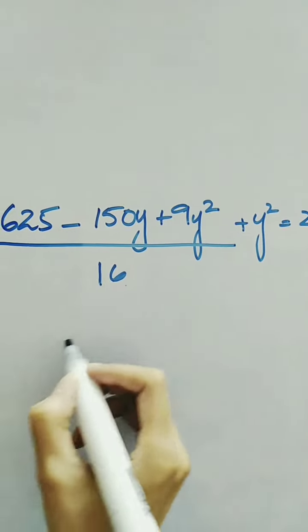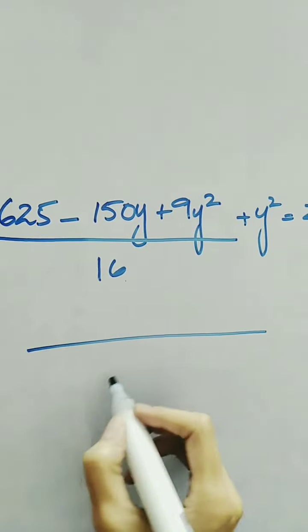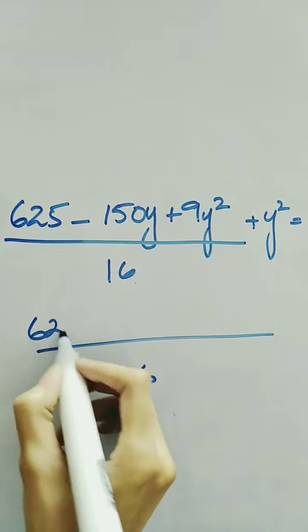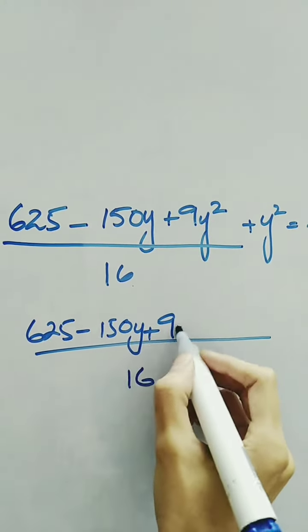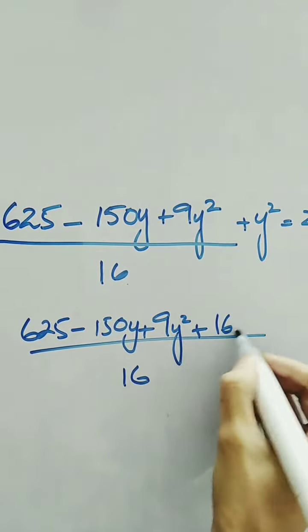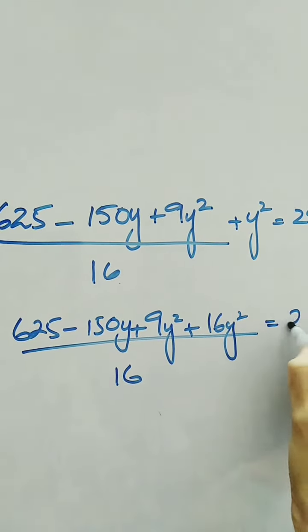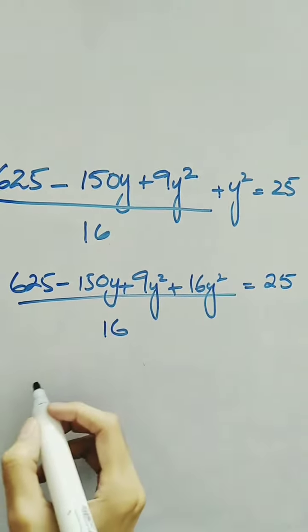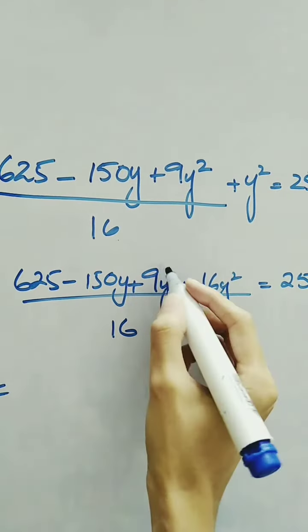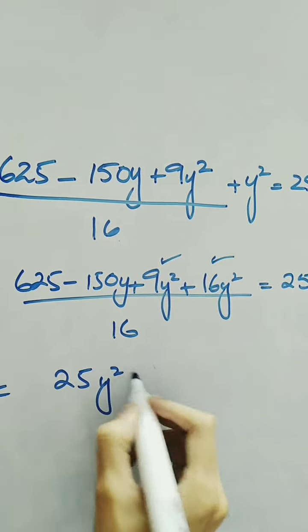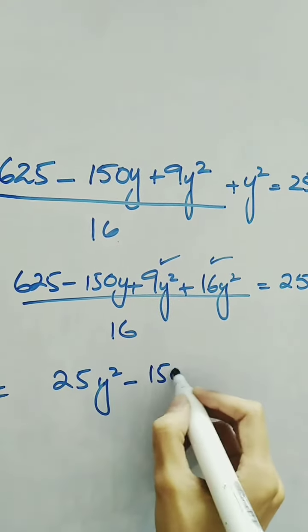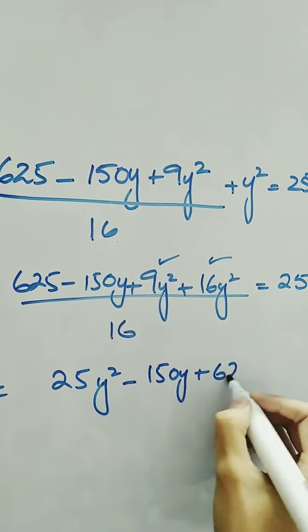By taking 16 as an LCM, we will have 625 minus 150y plus 9y square plus 16y square is equals to 25. Now we have 9 plus 16 is 25y square minus 150y plus 625.